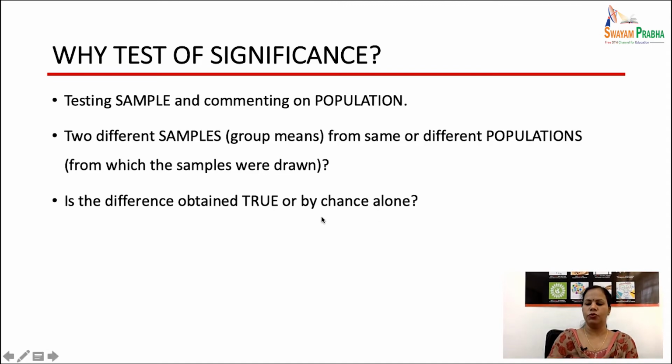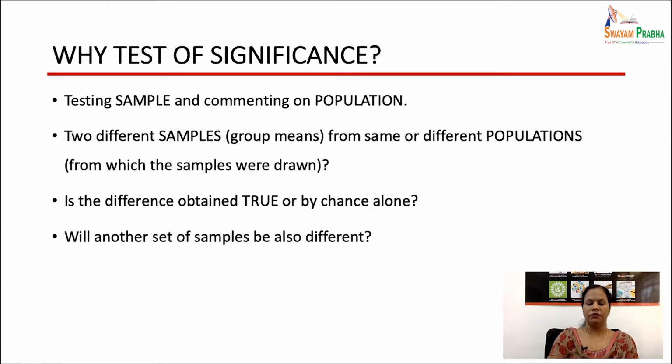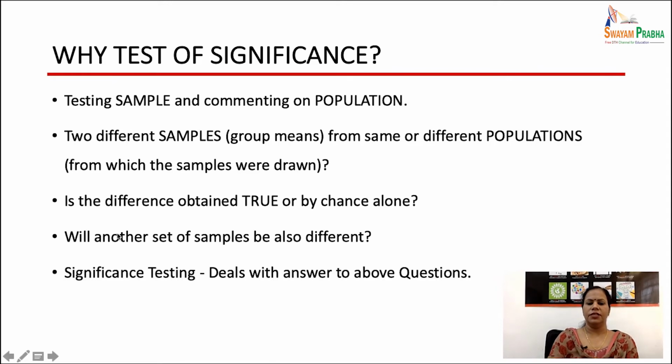are true results. Then whether another set of samples is also different, we can compare with other samples also, whether there is a difference or not, through the tests of significance. So significance testing deals with the answers to the above questions.